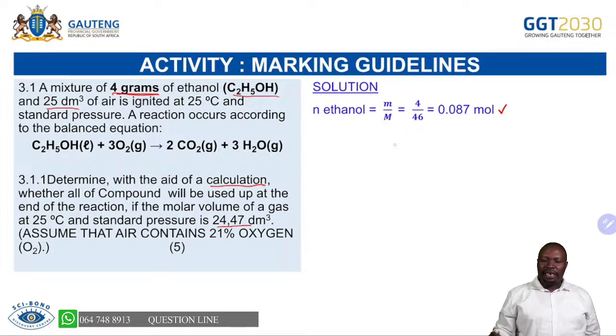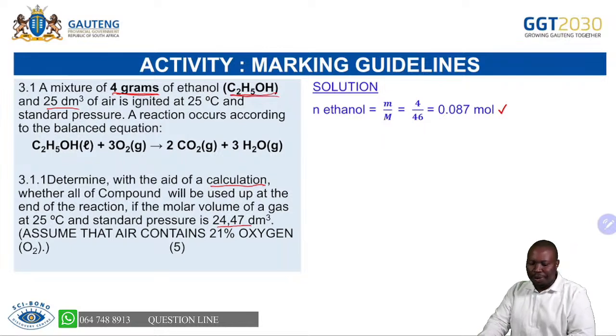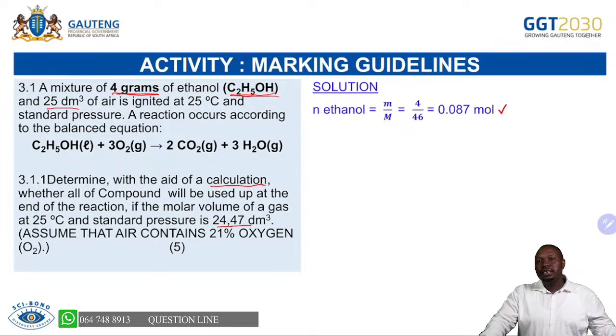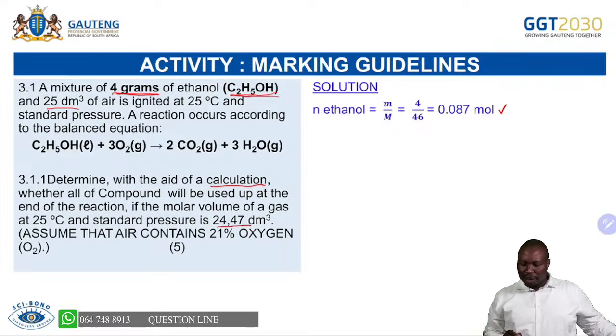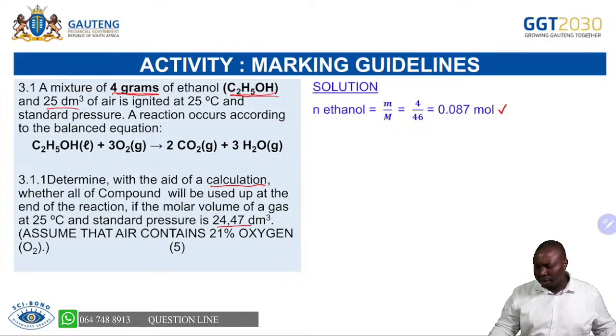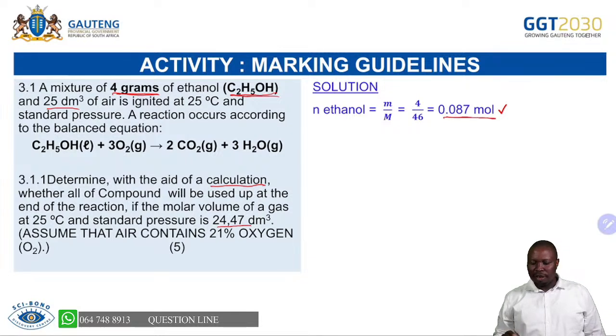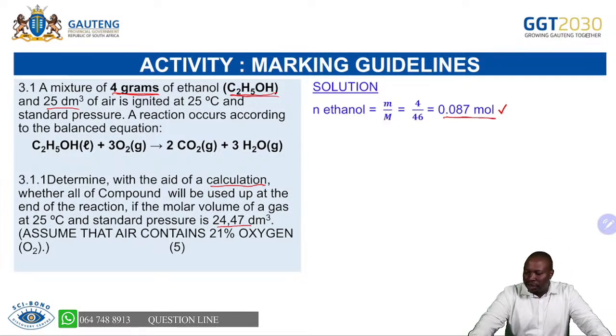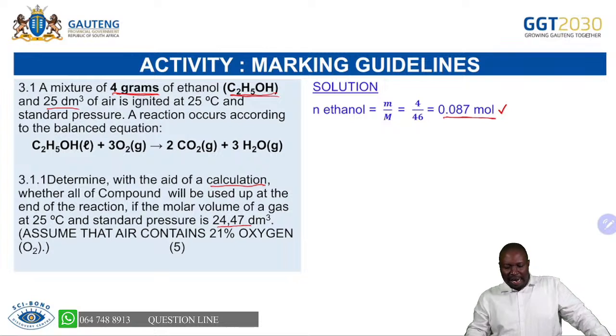So you can see that is your 4 grams, and then you have to find the molar mass of ethanol, which in this case will have been your 12 times 2, that was 24 plus 5, 29 plus 1, 30, and then plus 16. 30 plus 16 is 46. So that's where we got the molar mass of ethanol. And then you say 4 divided by 46, and you are able to get the number of moles of ethanol. That is the first thing that you are expected to do, and you will get a mark for that.